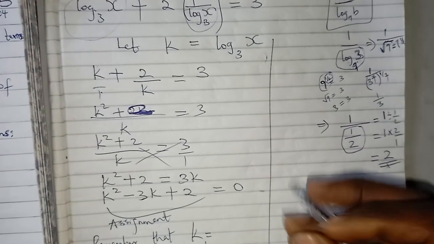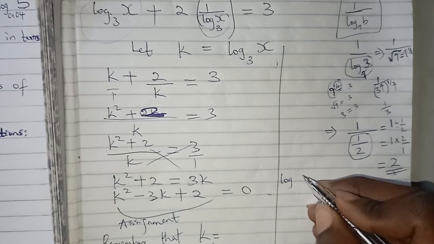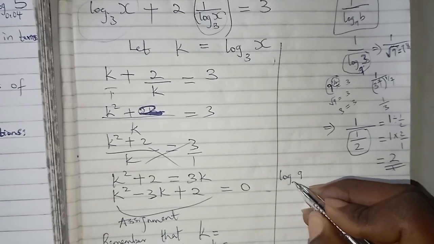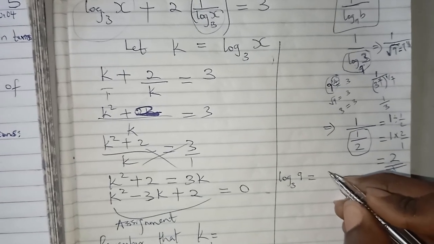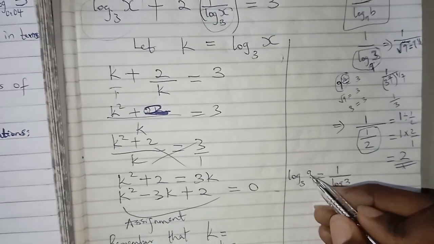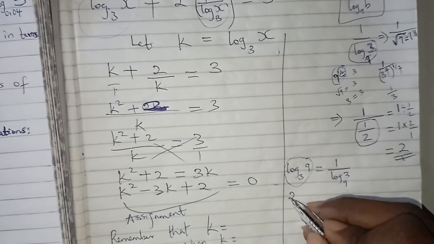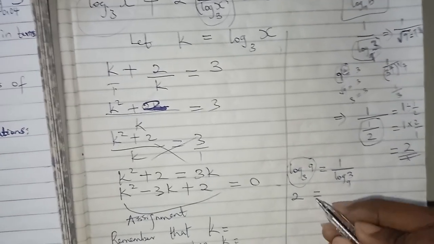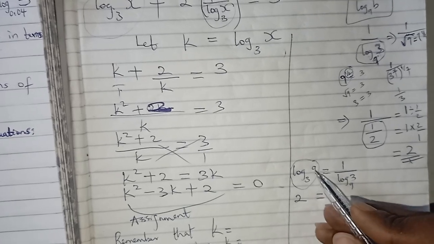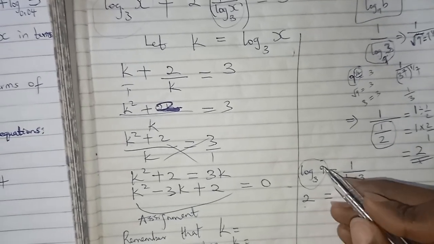So that means that log 9 to base 3 is the same thing as 1 all over log 3 to base 9. This logarithm, everything here, will give me 2. The log of 9 to base 3 is 2, because 3 raised to power 2 is 9.